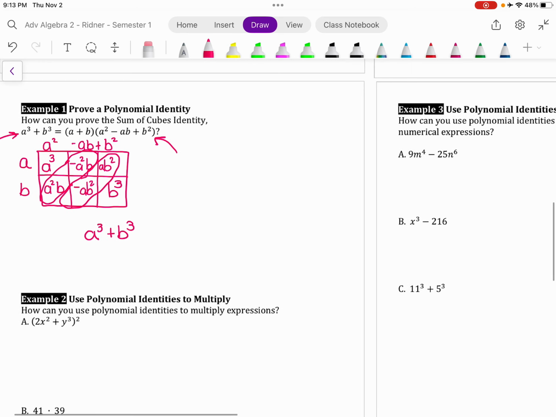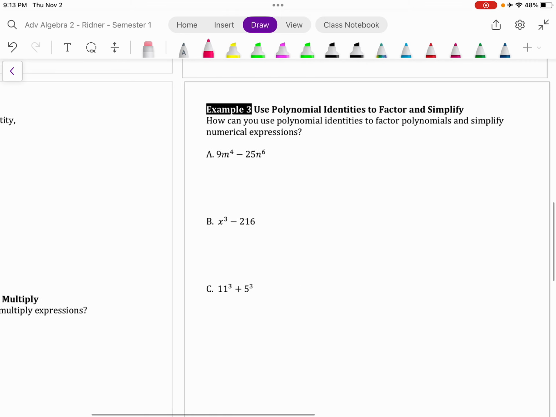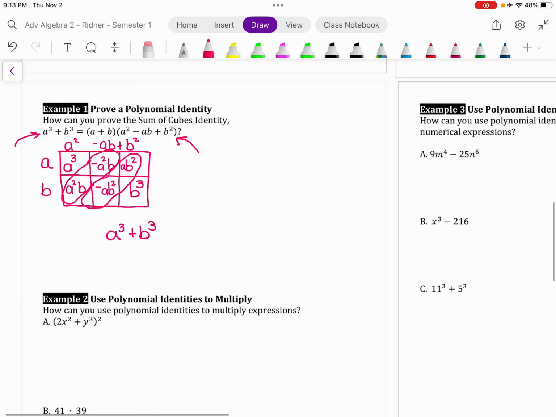I will cover the other examples, but I do want to jump over here to example 3b. To use this, actually, I'm going to back up a little bit and start here. So when we factor, let's look at a cubed minus b cubed, since we've already got the answer to the plus there.